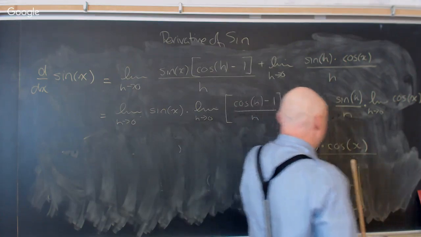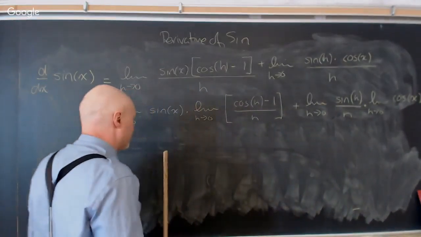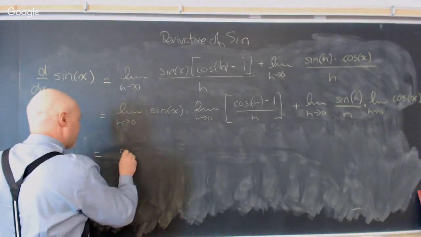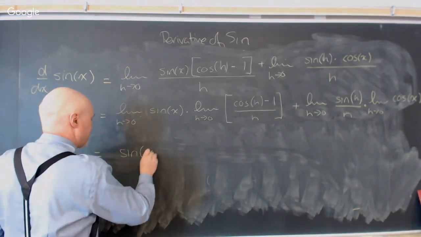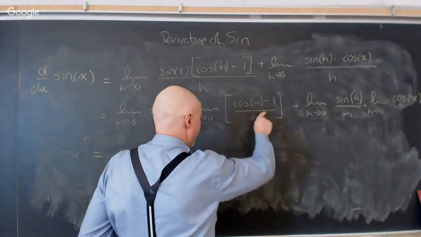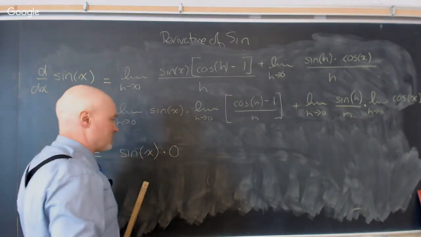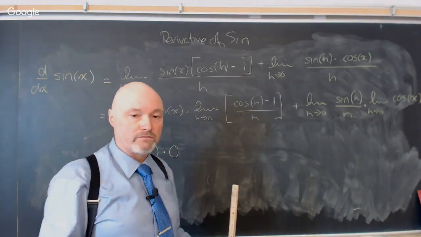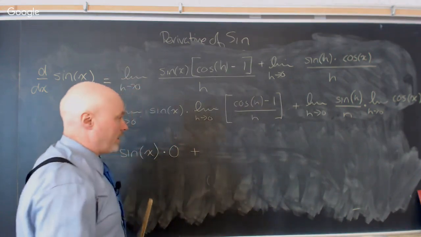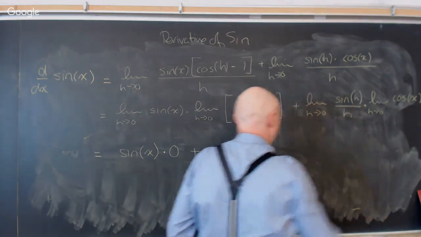Since we know these limits, we're getting rid of that h going to 0 issue. The limit as h goes to 0 of sine x: there are no h's in there, so that's just sine x. The limit as h goes to 0 of cosine of h minus 1 over h turns into a 0, making the whole first part of this expression go away, which means it's simpler. This is not an n, this is an h.